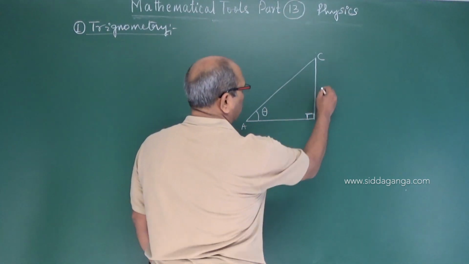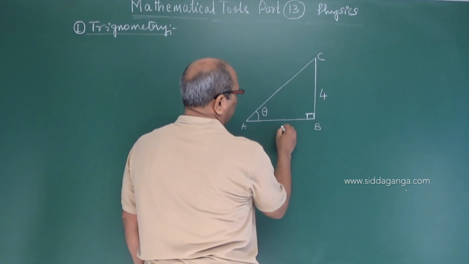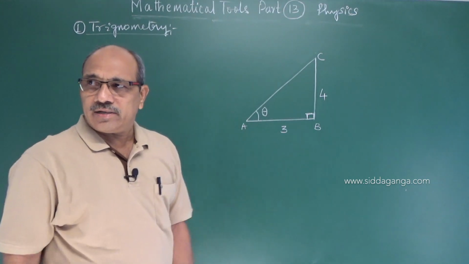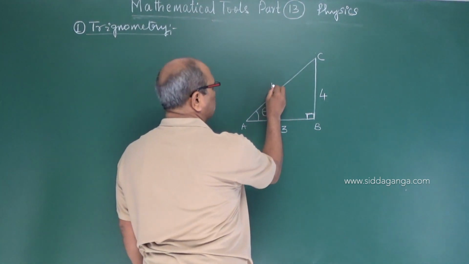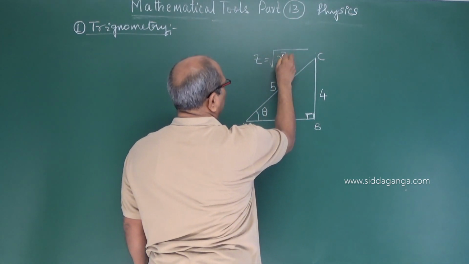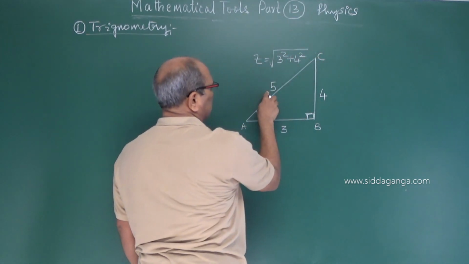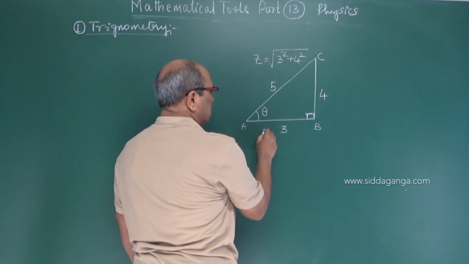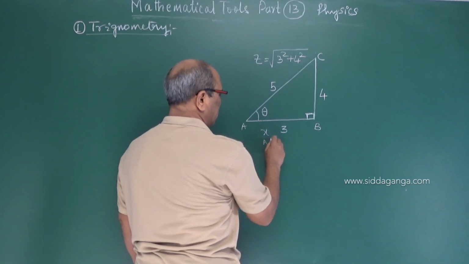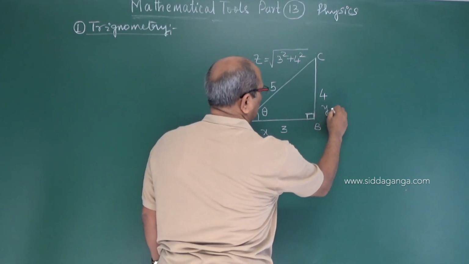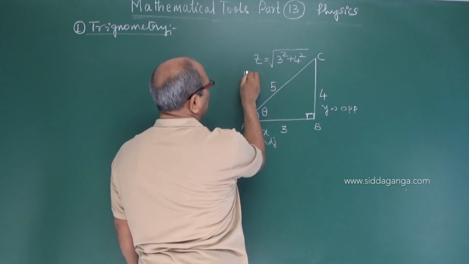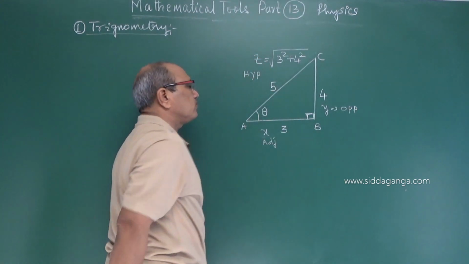So if it is 4 and if it is 3, as it is a right angle triangle, you know that this is equal to 5 because z is equal to root of 3 square plus 4 square. This side becomes 5. This is the adjacent side which we defined as x, y as opposite side, and this z is the hypotenuse.